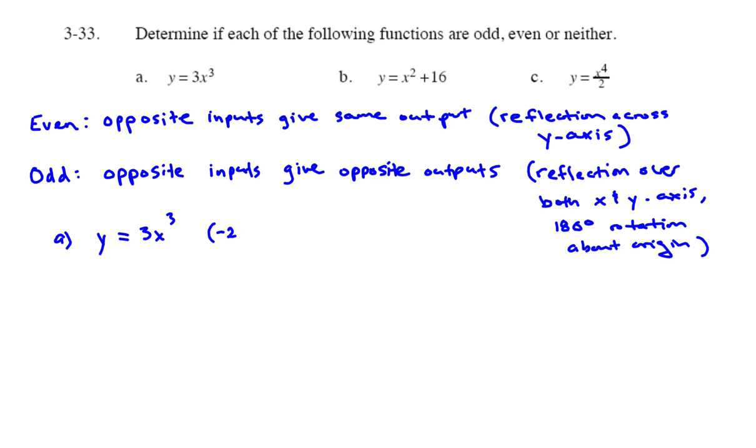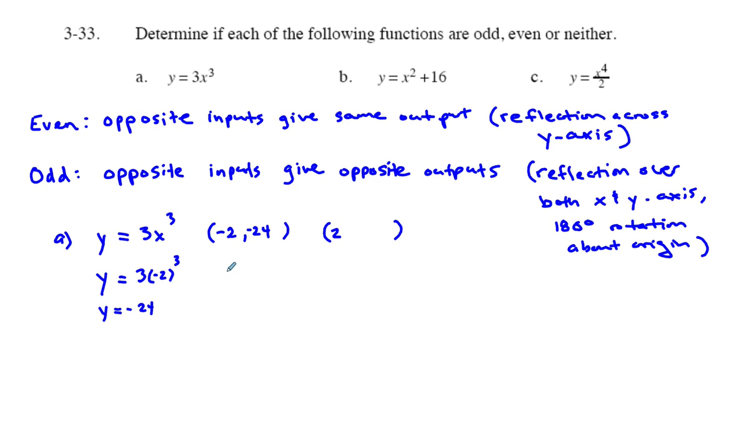So y is going to equal 3 times -2 to the third power. -2 to the third power is -8, and 3 times -8 gives us -24. So y would equal -24 when -2 is put in.